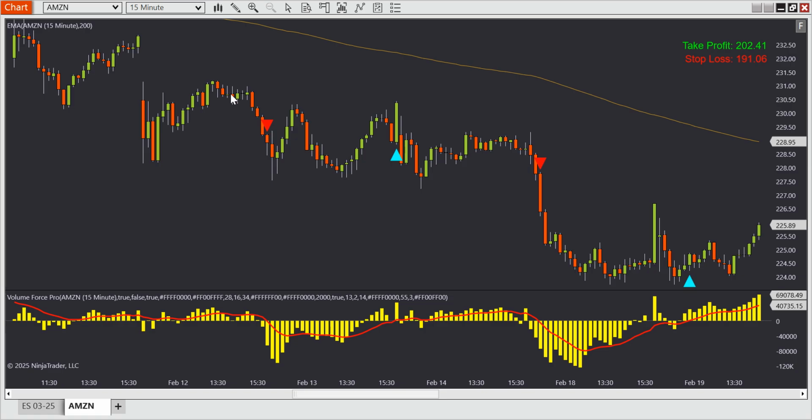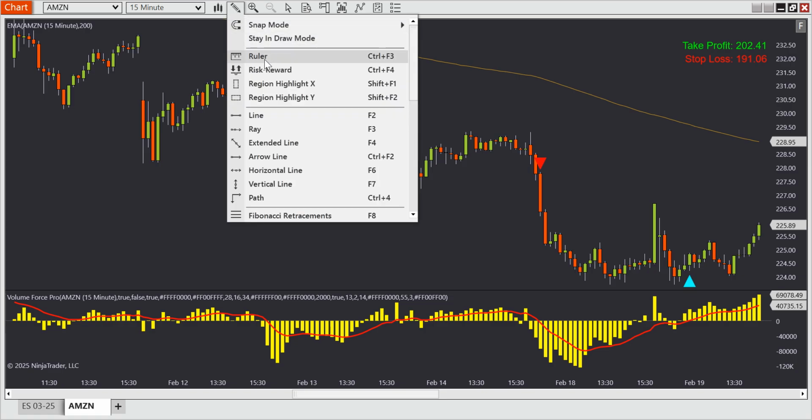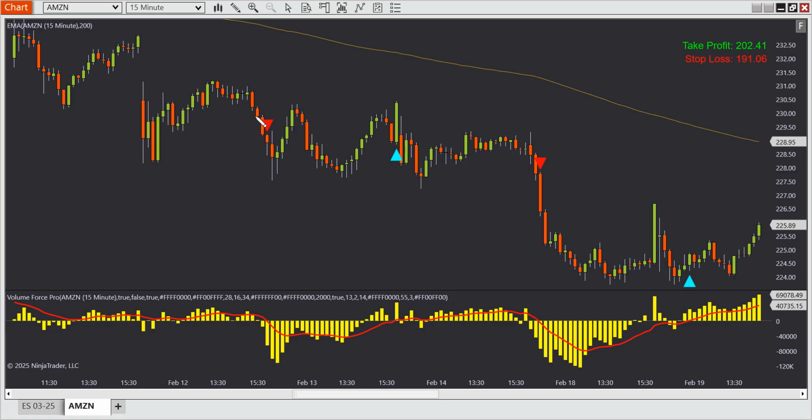But also, classic order block or supply demand logic will tell you to mark out the zone. So I'm just going to put a line on the bottom of what I would mark out this zone as. Mark out the zone that caused the push down with the signal in it.